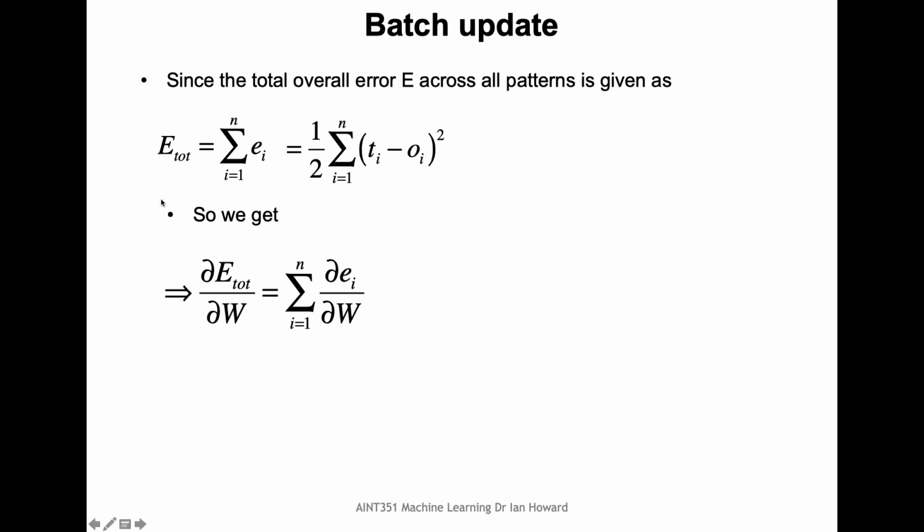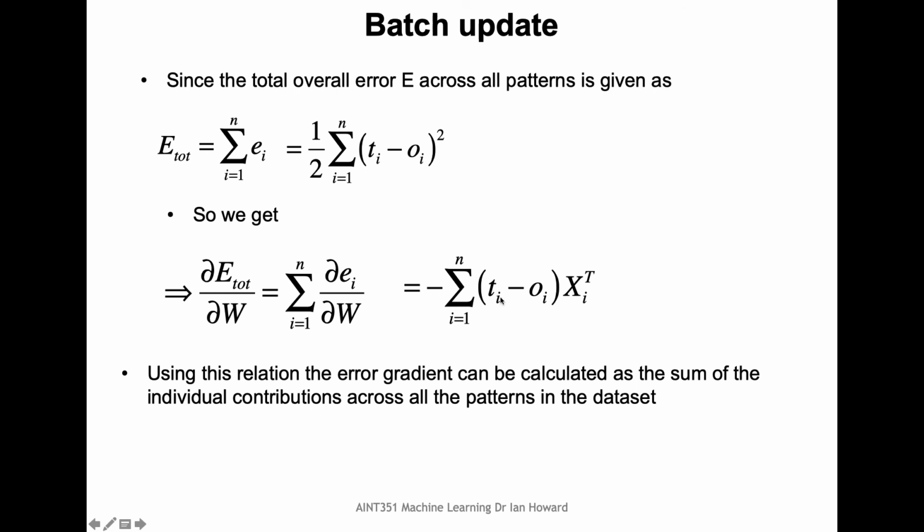If we want the derivative of Etot with respect to W, we can simply move the derivative inside the sum. So it's the sum across all data samples of dEi/dW, which we've already got. It's then the sum across all samples of (Ti minus Oi) Xi transposed.